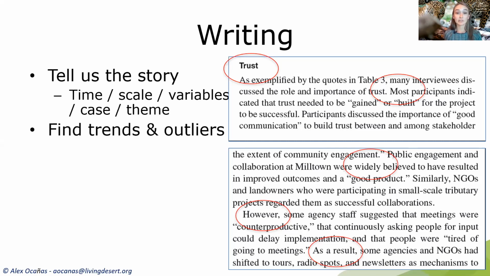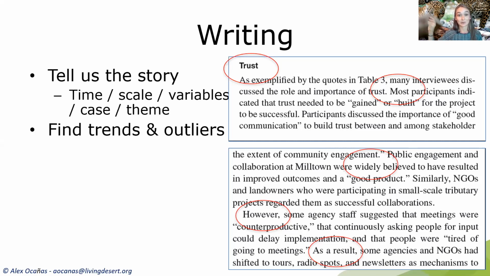Also, when you're analyzing, interpreting, and definitely writing your results, yes, of course you're looking for the major trends, but it's also really important, as we know in general, but really here too, to look for those outliers or the negative cases. We mentioned earlier that when we find those negative cases or points of contrast, it really helps us expand our understanding and our ability to theorize about what's going on.